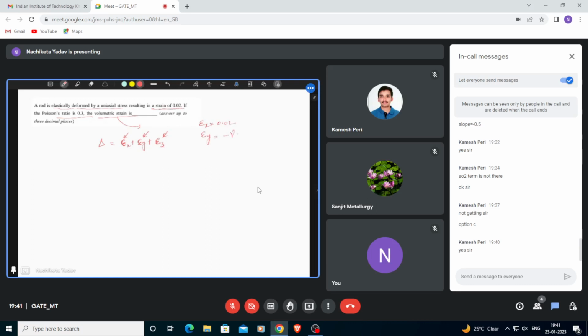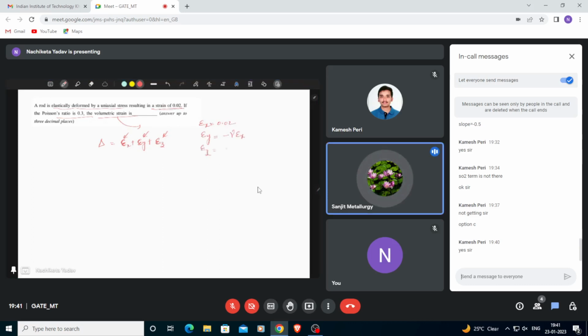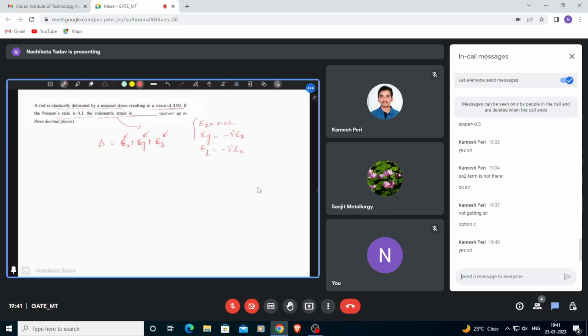Minus gamma epsilon x. Yes, we can use that formula: minus gamma epsilon x, minus gamma epsilon x.